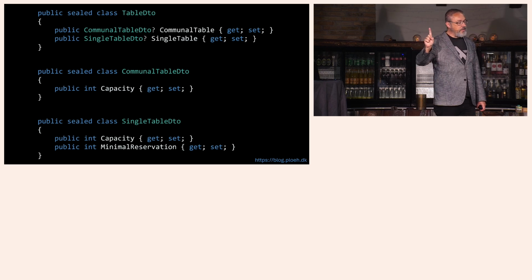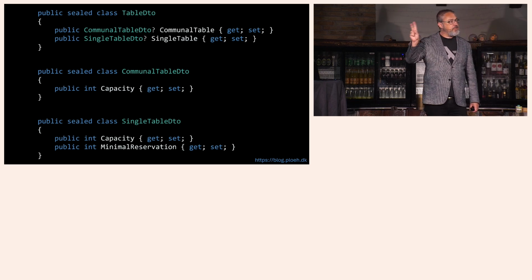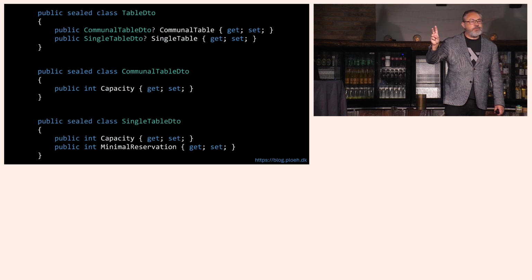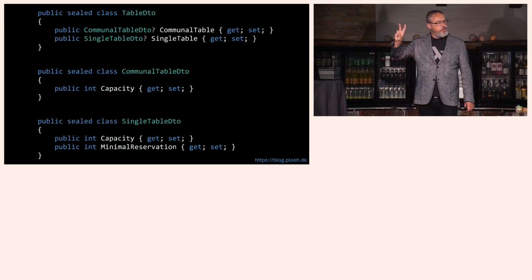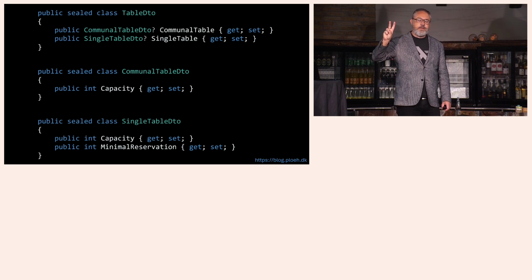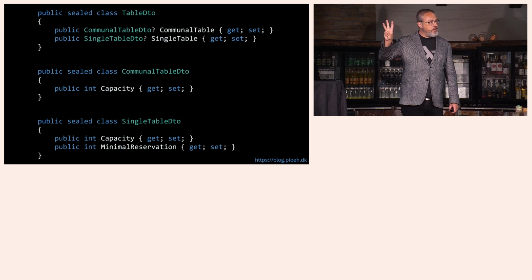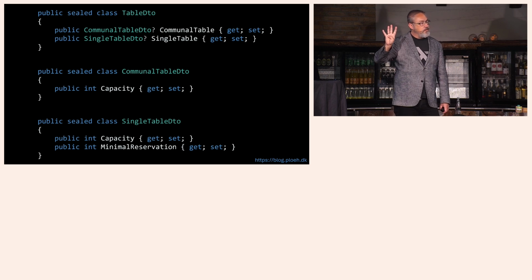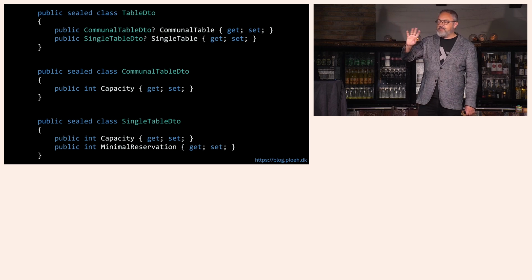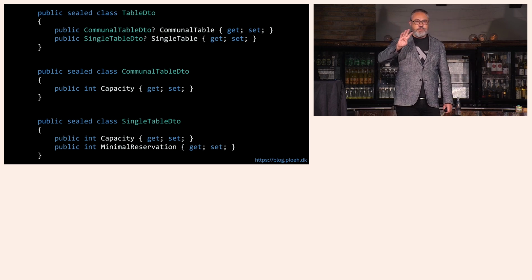So that's fine, we can do that. Can we model a single table? Yeah, we just turn those two things around, set communal table to null, and have a value for the other. But there are two more things that we can do with this data model. We can set both of them to null, or we could set both of them to an object. So that violates the requirements of the domain model.